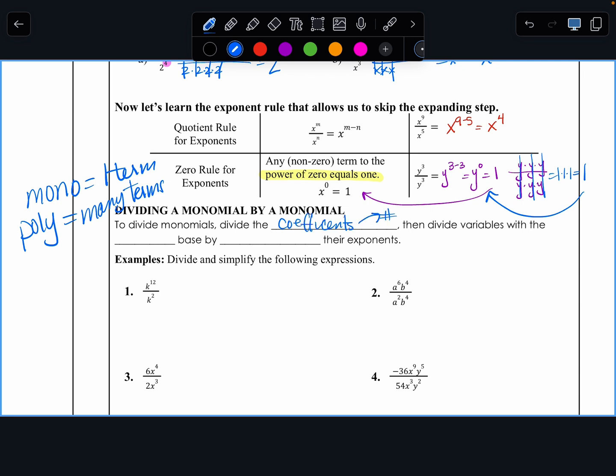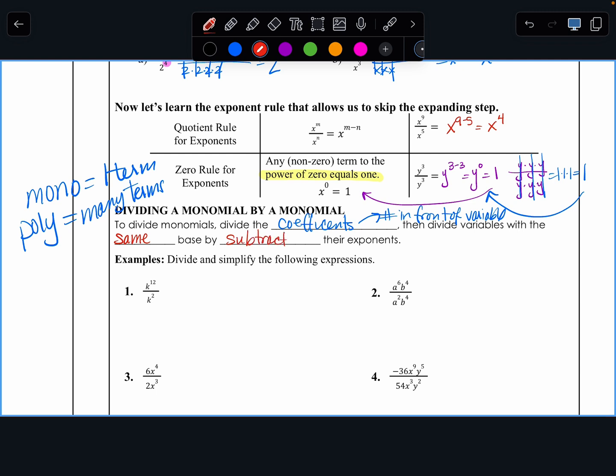That's the number in front of the variable. And then when you have variables with the same base, you subtract the exponents.